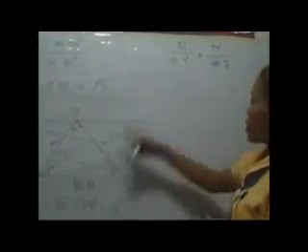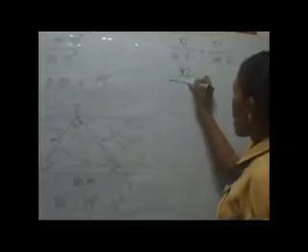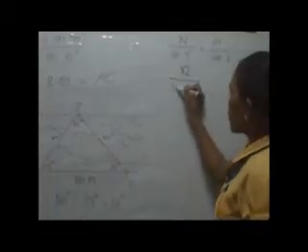We will use this formula: XZ over sine Y is equal to XY over sine Z. Substituting the values given, XZ is not defined, Y is 51 degrees, our XY is 120 meters, and our Z is equal to 100 degrees.